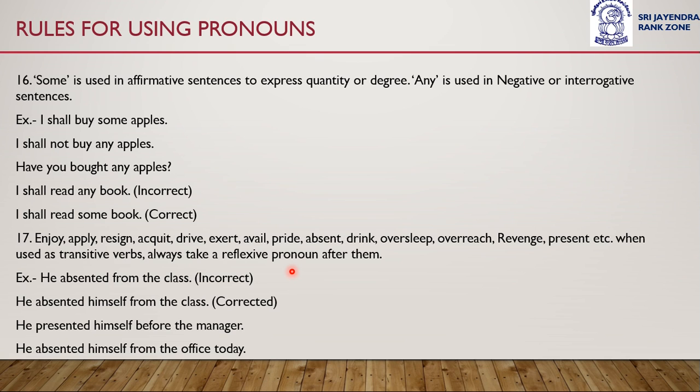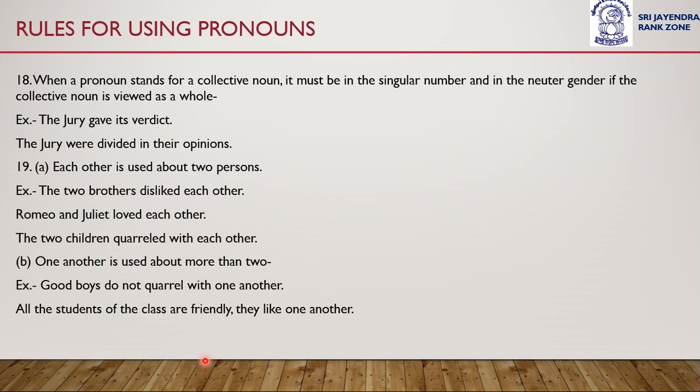He absented himself from the class is a corrected statement. He presented himself before the manager. He absented himself from the office today. These are some of the examples. Alright. Let's move on to the next rule.